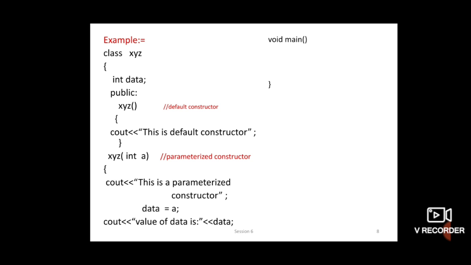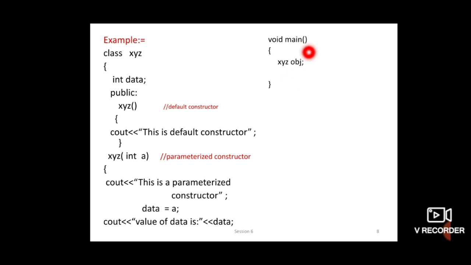Now declare void main. In void main, first declare an object. First create the object of the XYZ class: XYZ obj. Obj is an object. Now what is the rule?